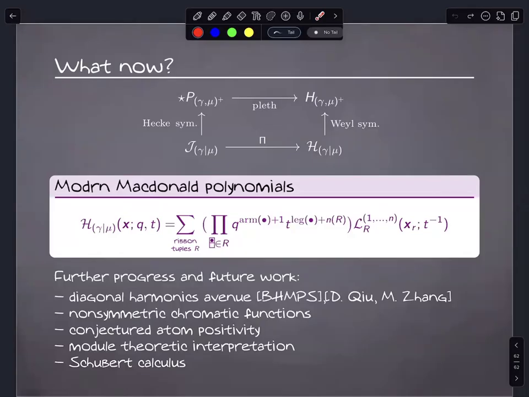And now that we have this modified non-symmetric framework, I just don't see why there won't be amazing things related to Schubert calculus coming out of these non-symmetric modern Macdonalds or whatever. So anyway, there's a lot of work to be done, and some people are already doing some great stuff. They're so fast. It's incredible. It's so humbling. Anyway, thank you so much for listening, and I'm sorry to go over.